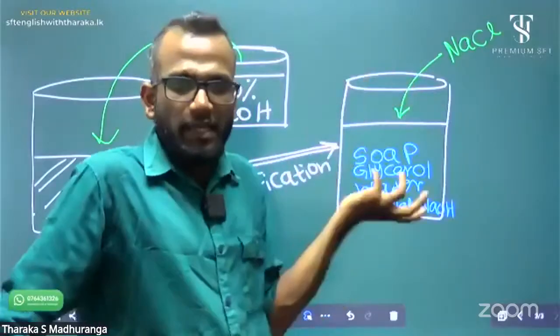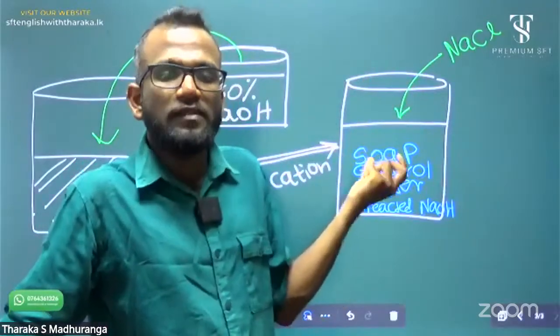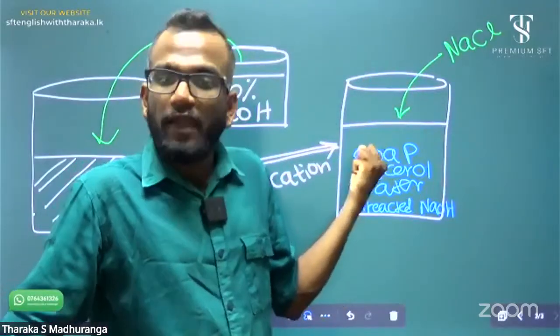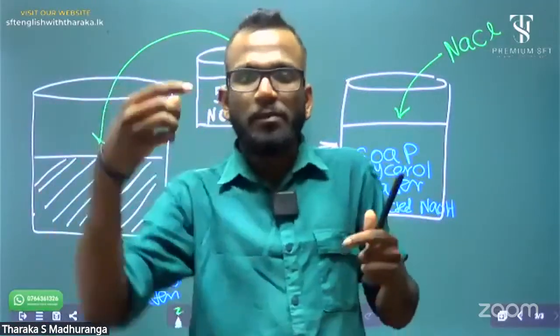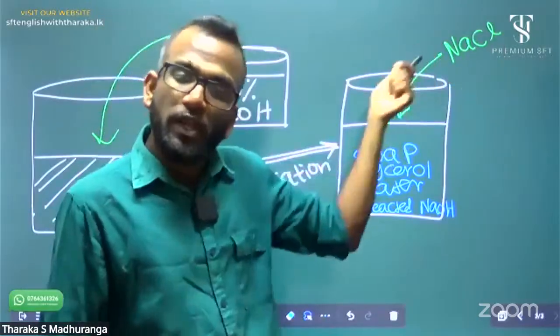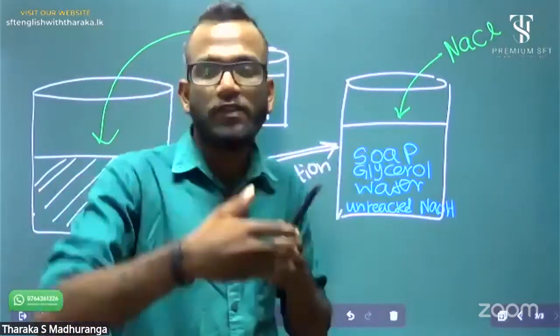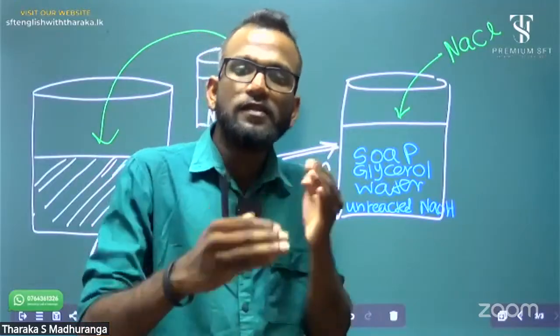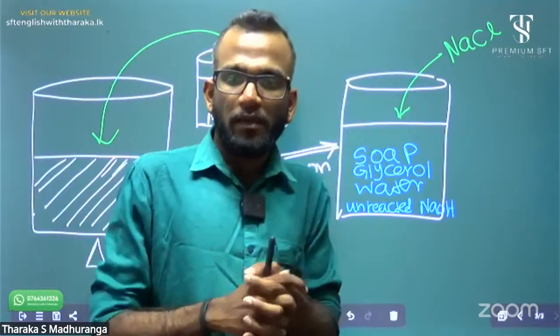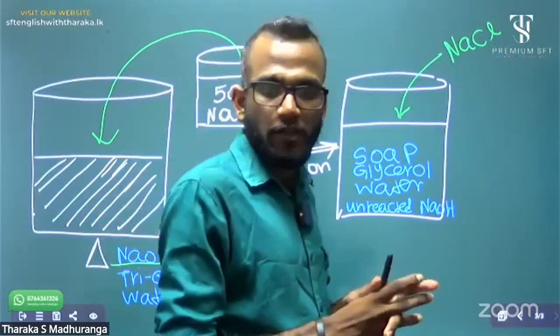Normally glycerol density is greater than soap, and soap is floating on the glycerol, but when we add sodium chloride, the density of this aqueous glycerol layer increases more.